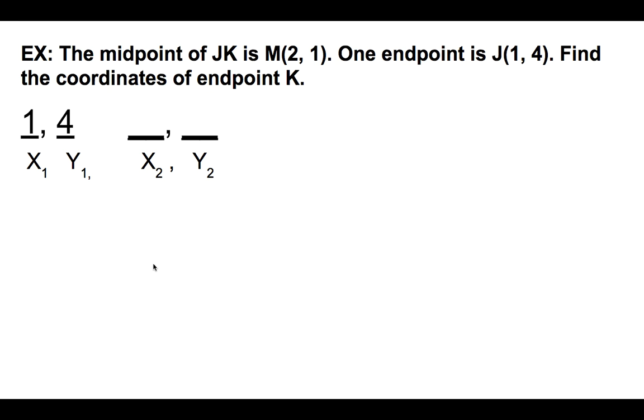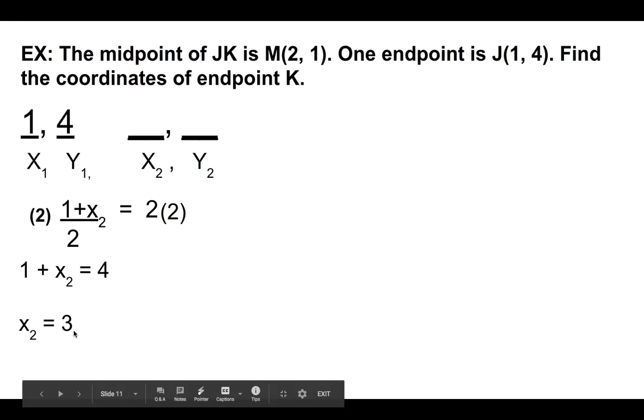Solving for my x value first, x sub 1 is 1, and when I take the sum with x sub 2 and divide by 2, I should get 2, because 2 is the x value of the midpoint. To isolate x sub 2, I multiply both sides by 2. The 2's cancel out, and I'm left with 1 plus x sub 2 is equal to 2 times 2, which is 4. Subtracting 1 from both sides, I get 3. So now I've solved for x sub 2.